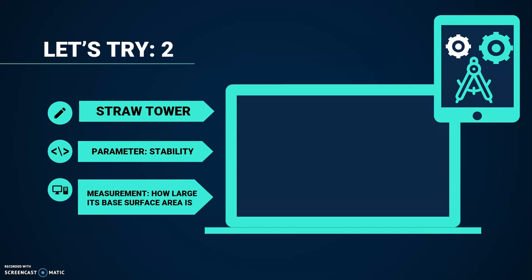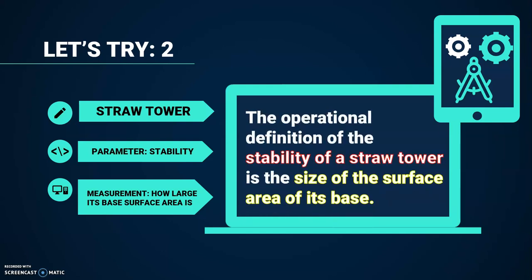Okay, one way is how large its base surface area is. So that is how we say how stable a straw tower is, based on how large the area of its base surface is.